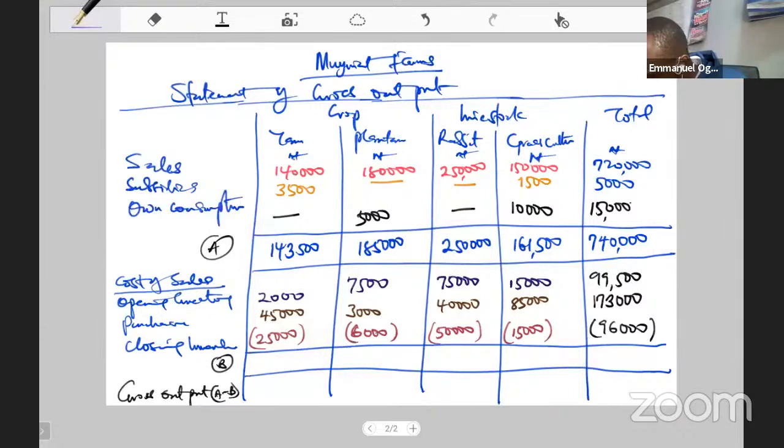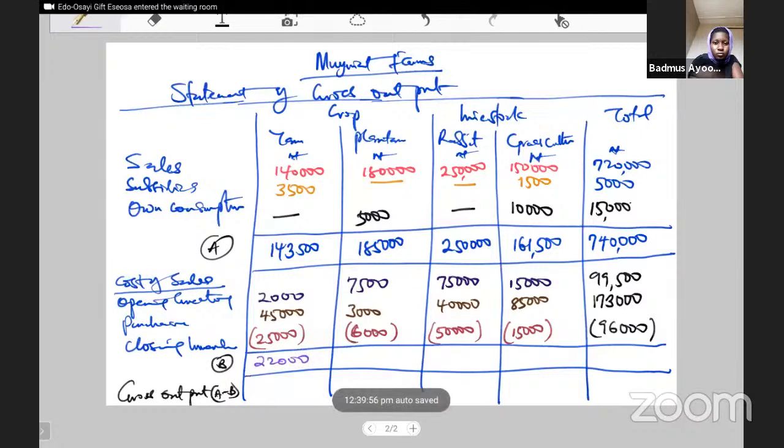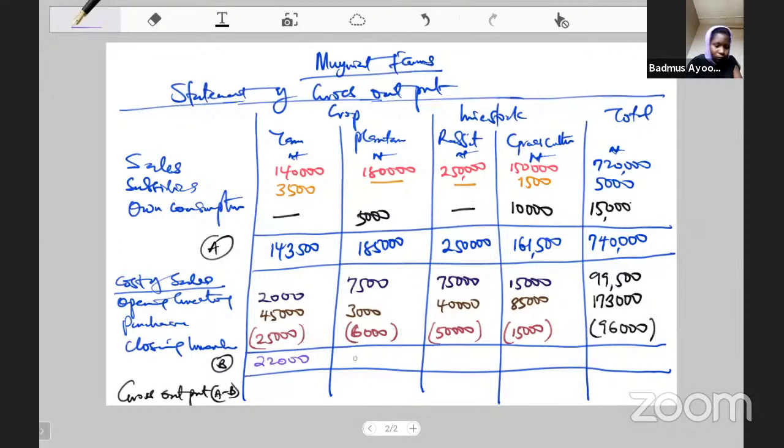What is the cost of sales per year? 22,000 naira. 4,500. What is for rabbit? 65,000 naira.